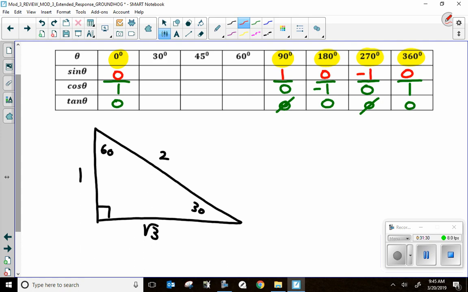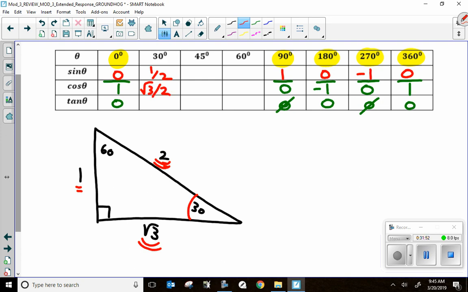All right, so the sine of 30 degrees, it's opposite over hypotenuse, it is 1 over 2. The cosine of 30 is adjacent over hypotenuse. So it is radical 3 over 2.